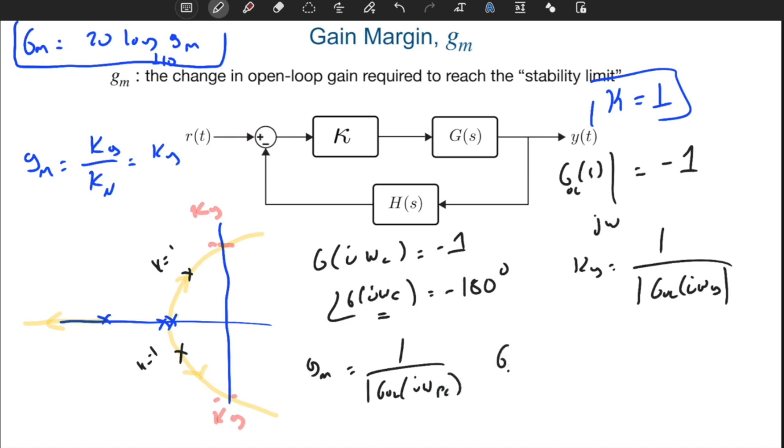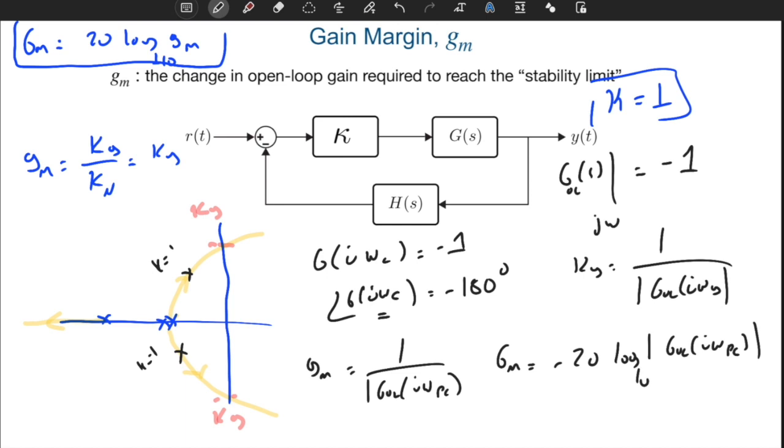In decibel units, it's equal to minus 20 times log base 10 of G_OL(jω) at the phase crossover frequency. So the good thing is, first of all, you don't need to draw the Bode plot of the system in order to compute this.